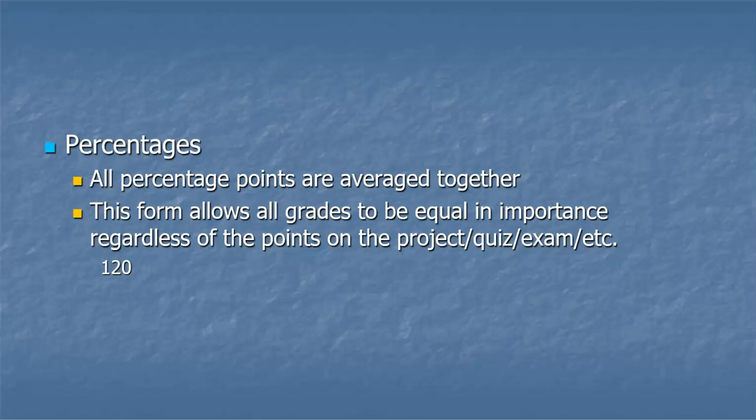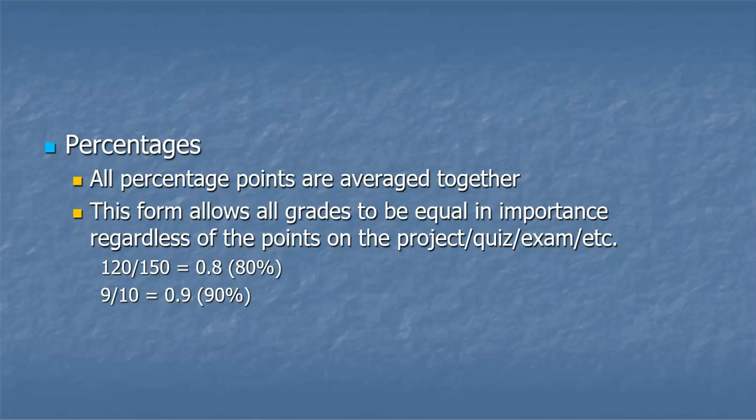So we're going to take the example we had before. You got the 120 points on your exam out of 150 points, and that gave you an 80%. On your quiz, you got 9 points out of the 10 available. That gave you a 90%.